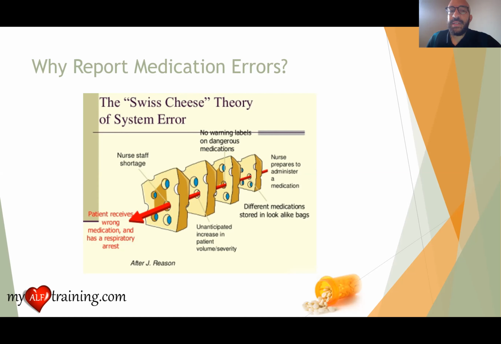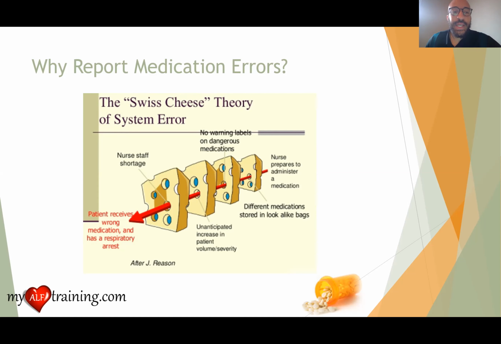What they're saying is now all of a sudden the unit's getting busy, or patients on the unit are getting sicker. So that means you don't have people to help you. Things are getting busy, high stress level, more likelihood of worker fatigue, and the quality of effective communication is going down.